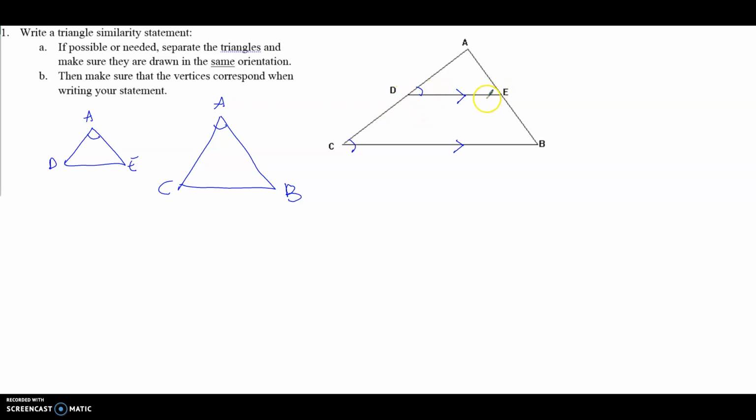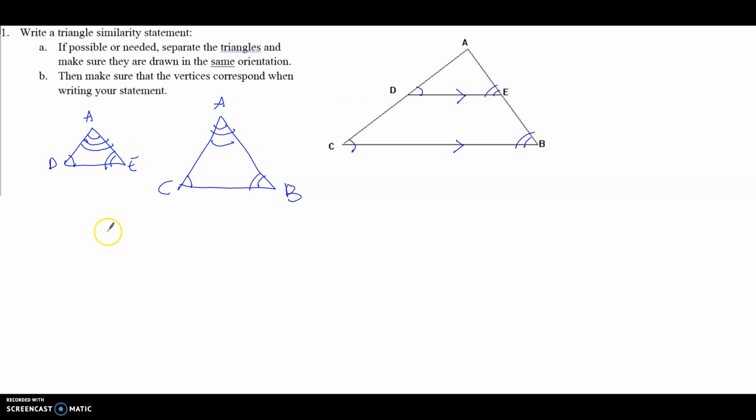Because it's a mid-segment, DE and CB are going to be parallel to each other. That means we have corresponding angles that are going to be congruent. So once you've labeled your angles, and actually let me mark this here.